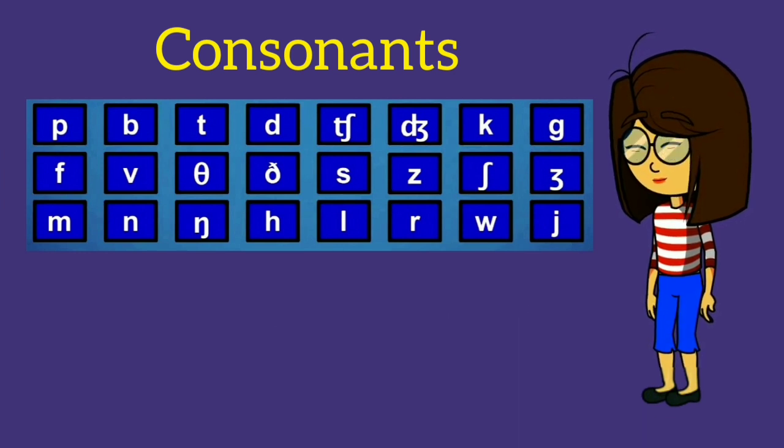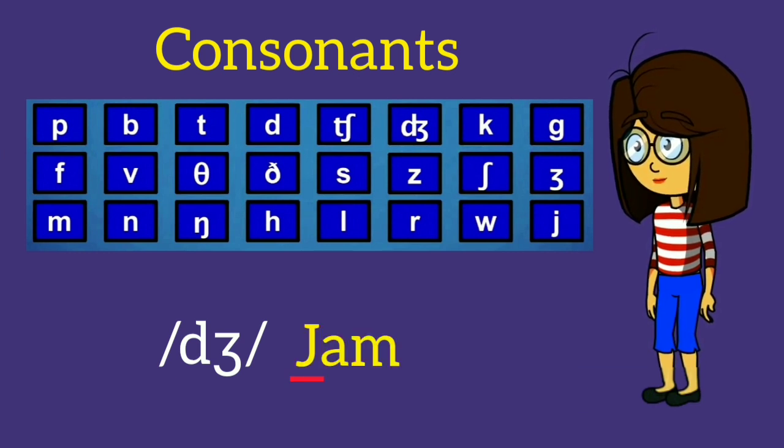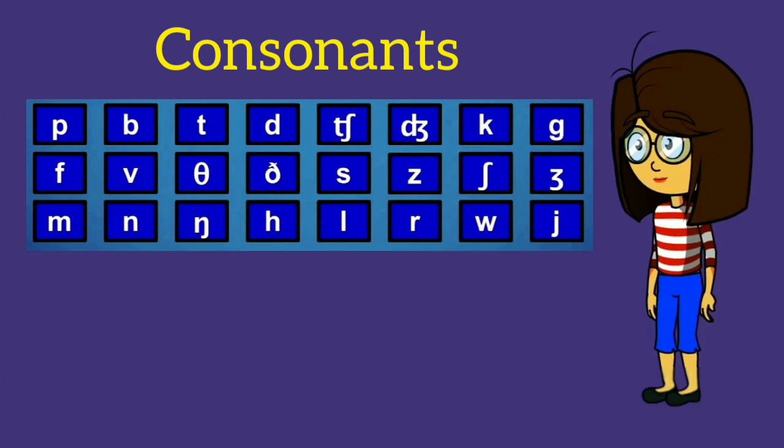Next is idge, as in the word jam. It sounds like the Tamil letter idge. Next, the phoneme K is written for the letter C, and it sounds like the Tamil letter K.